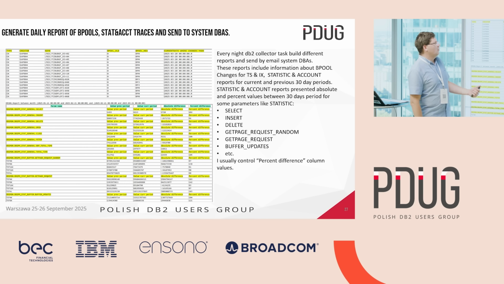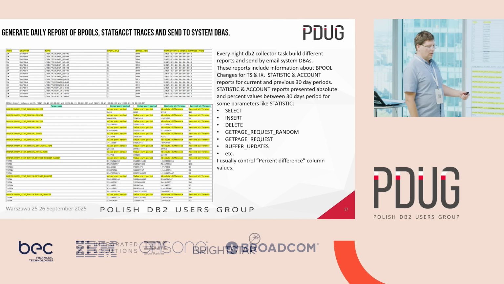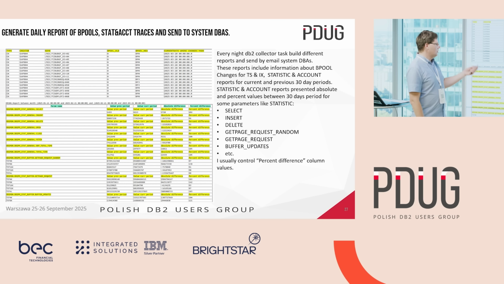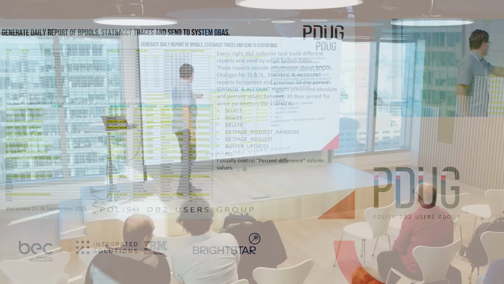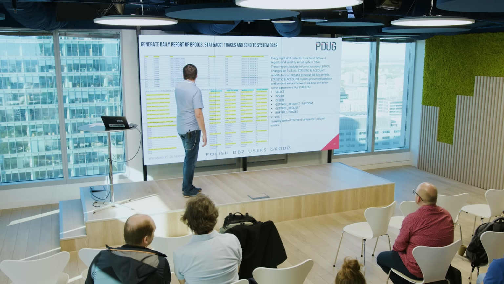Statistic account reports are presented as absolute and difference values between the 30 days periods for some parameters, like in the statistic trace: select, insert, delete, open, fetch, DDF total time, request random, so different times between one month.